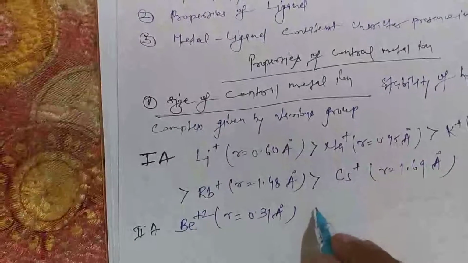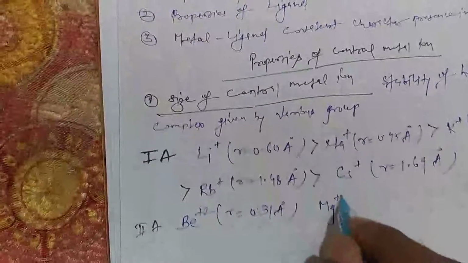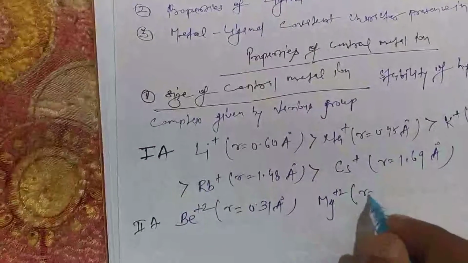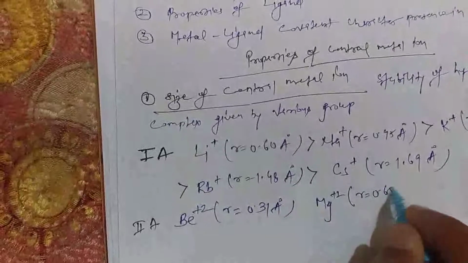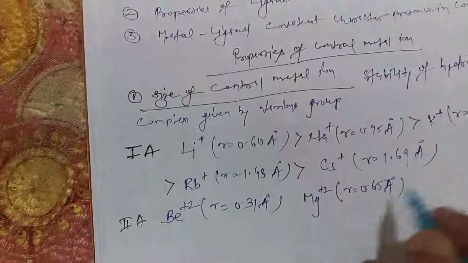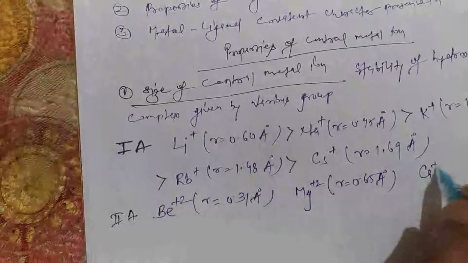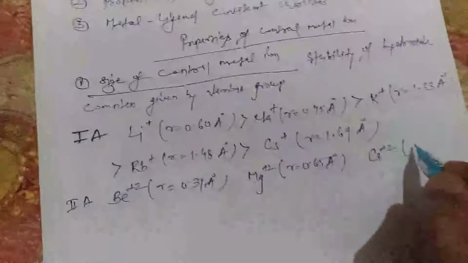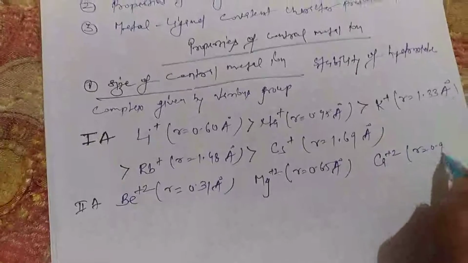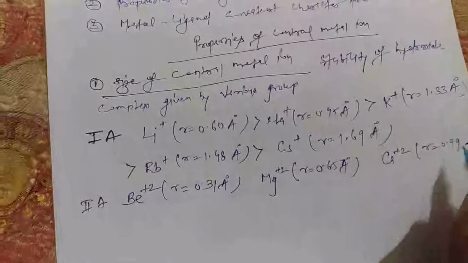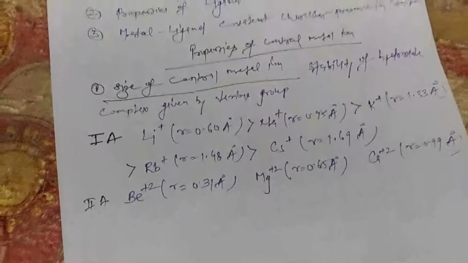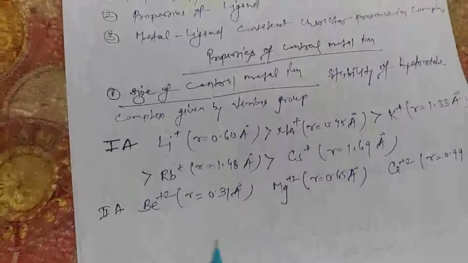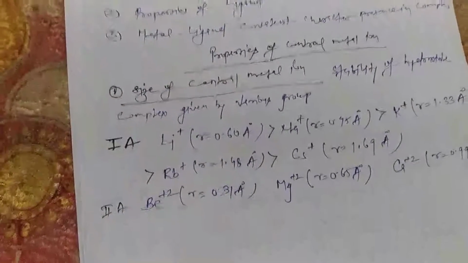Then magnesium +2, 0.65. Then calcium +2. I am not writing the rest of the elements, but you all know that the size will increase.